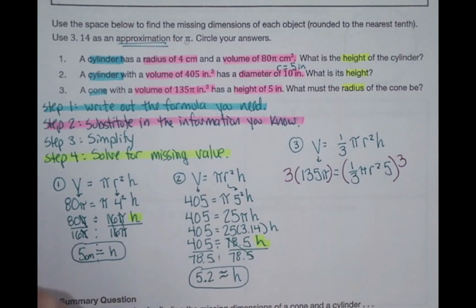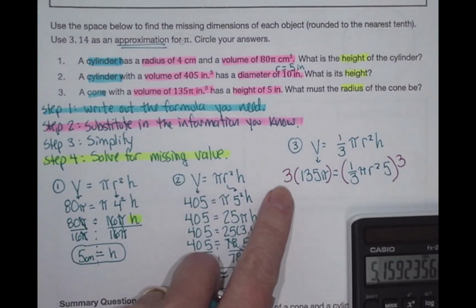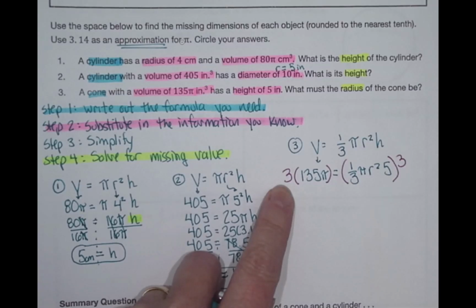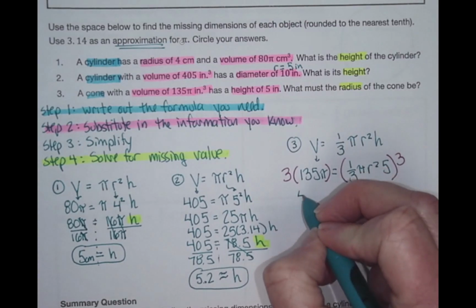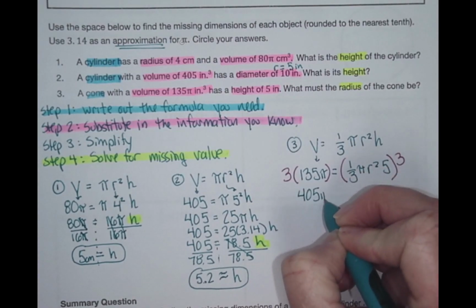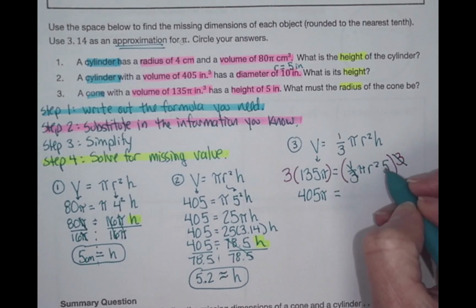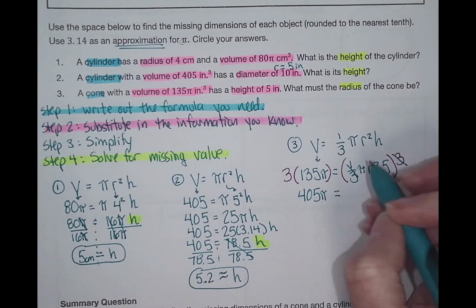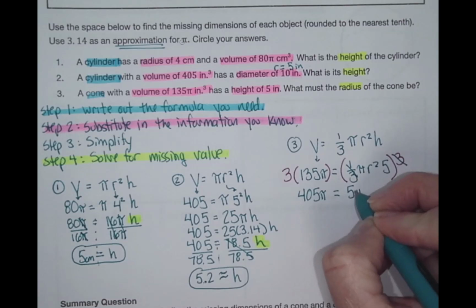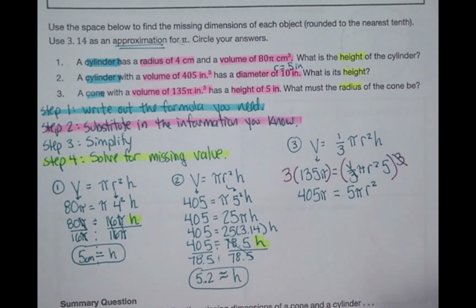So let's go ahead and clear that fraction. On the left, I'm going to multiply 3 times 135. I don't want to multiply by pi just yet because I think it's going to cancel out. So 405 times pi. 1/3 times 3 cancels out. And I'm left with, I'm just going to move some things around. I'm going to write 5 pi r squared. Same numbers, I'm just rearranging them because the mathematician in me just can't stand it.